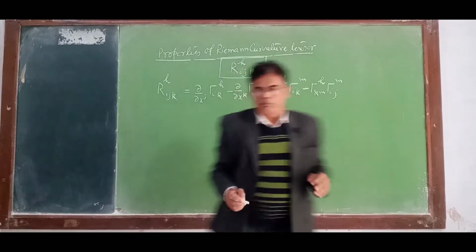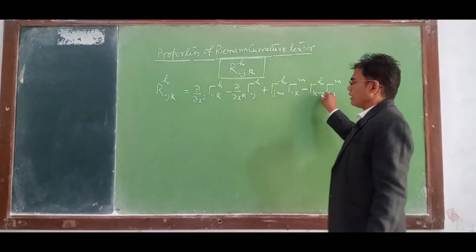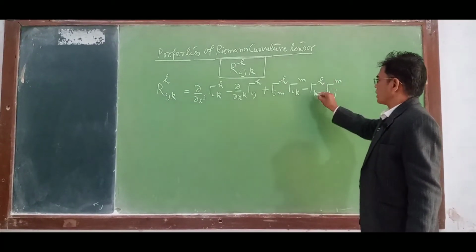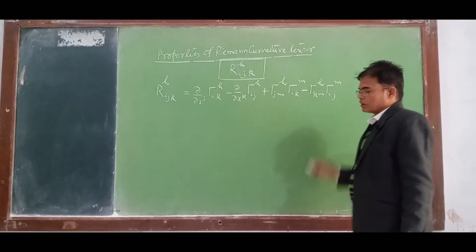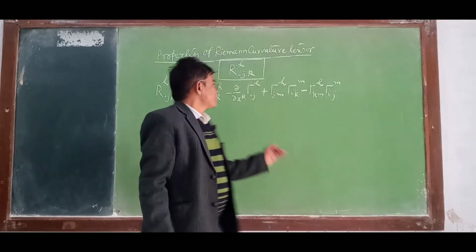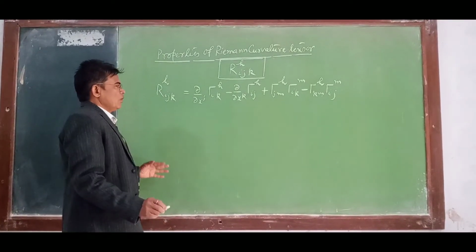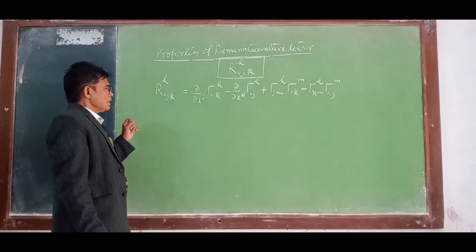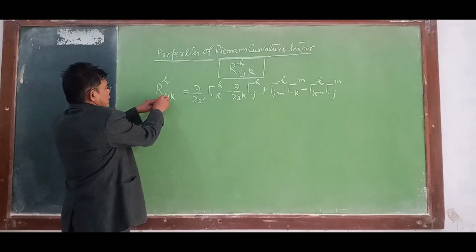And in the minus term, Γ^h_{km}, we replace j by a new index m, so Γ^h_{km} Γ^m_{ij}, where m is a dummy index. So this is the definition of the Riemannian curvature tensor.